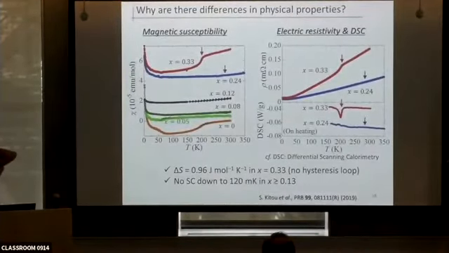These figures show physical properties. The case of x equals 0.33 is shown by red lines. There exists a clear transition in the magnetic susceptibility, the electric resistivity, and the DSC signal. DSC means differential scanning calorimetry. The comparison between x equals 0.33 and 0.25 is very interesting, but I cannot describe the details.